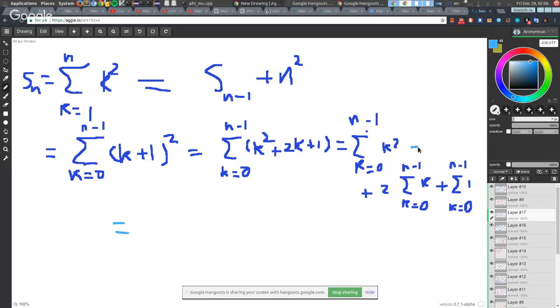Here we can see that this first part is actually S n minus 1, the sum of squares but until n minus 1. This second part is 2 times the sum of numbers from 1 until n minus 1, which we proved earlier to be equal to this, so this over 2, but then we multiply by 2, so this second expression is equal to n times n minus 1. And this third expression adds 1 for each of the values between 0 and n minus 1, so it's equal to n.